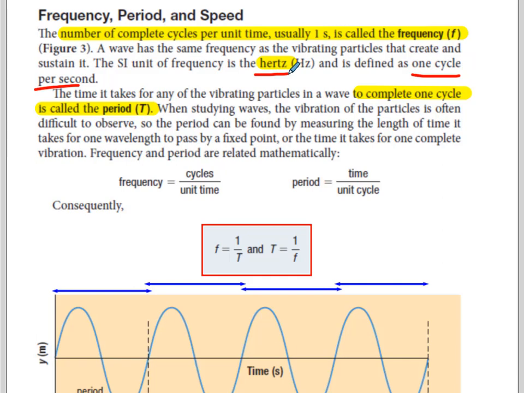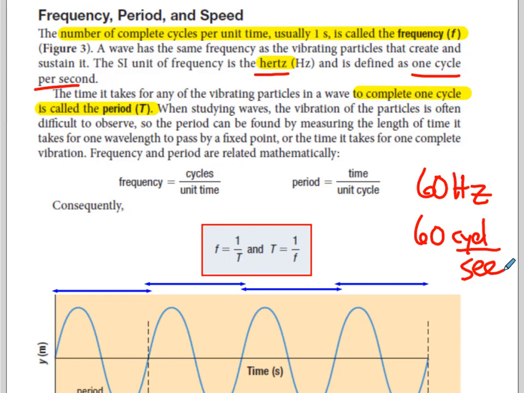So 60 hertz would be 60 cycles per second. The inverse is period, which is the time for one complete cycle. Frequency is the number of cycles per unit time, and period is the time for one complete cycle.